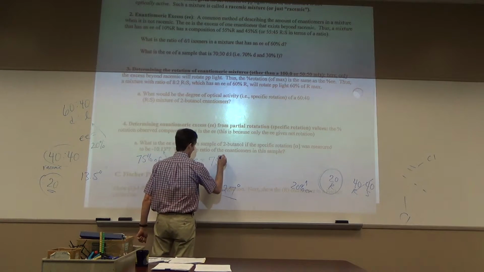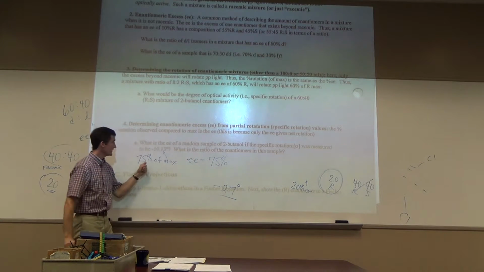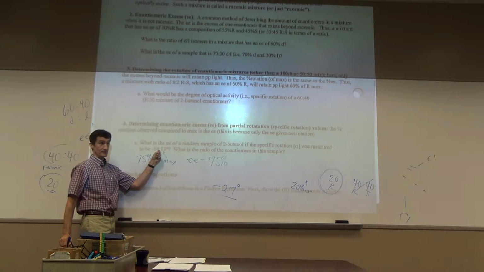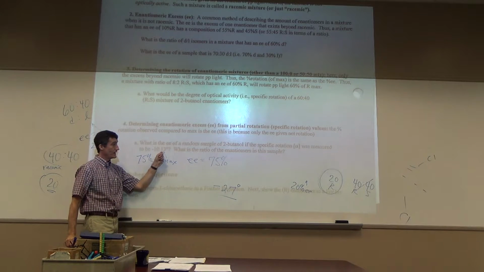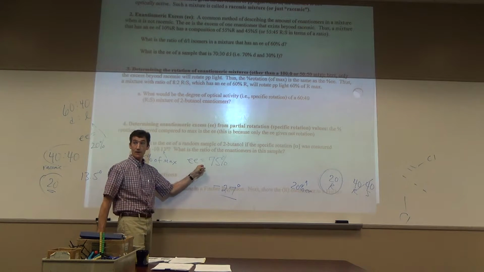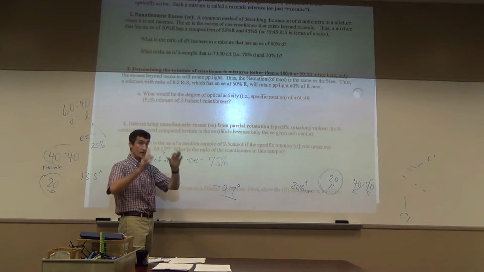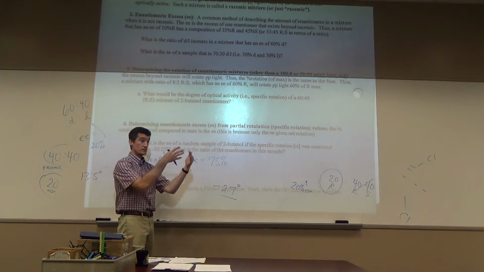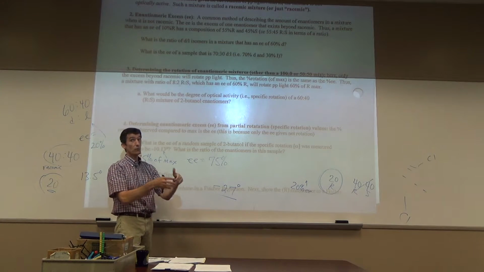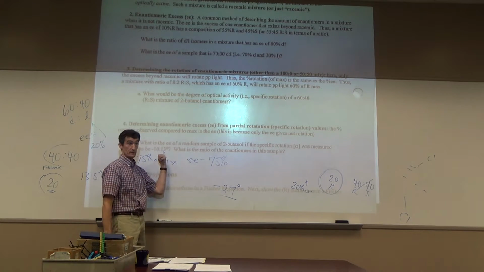Yeah, it's actually 75%, because the EE gives a rotation. The EE is what's left over after canceling. You got something canceled out. What's left over is the EE. Also, what's left over is what rotates.